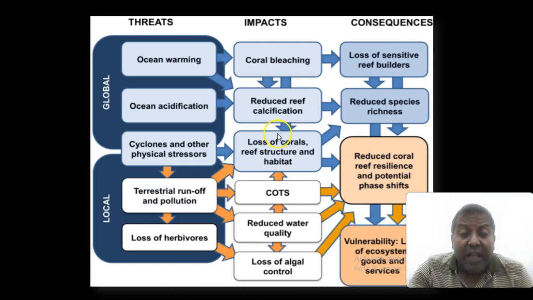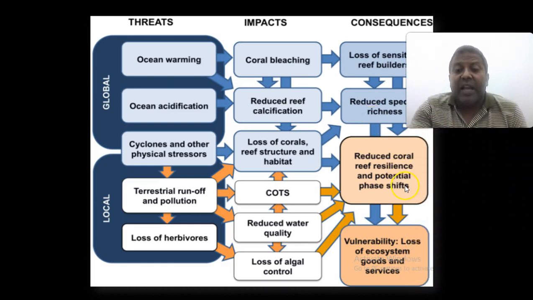Now the threats, very important from this point of view, because coral reefs are declining in our continents day by day due to global as well as local threats, and they cause very bad consequences. As a result, the coral dies, and if the coral dies, the economic as well as medicinal and ecological loss will be very great.